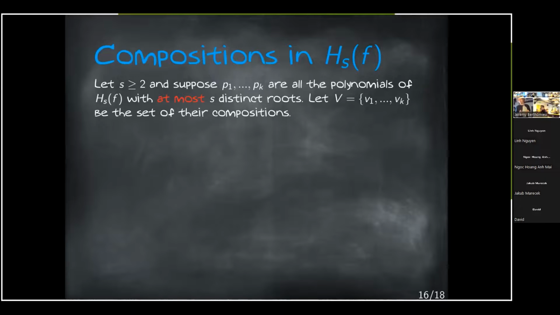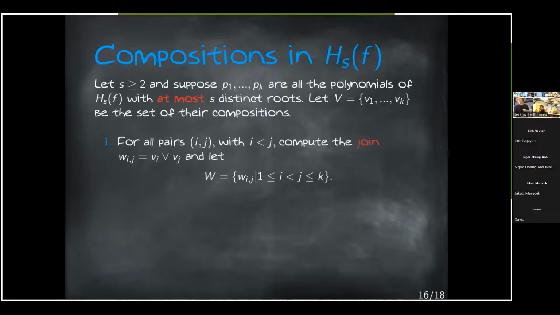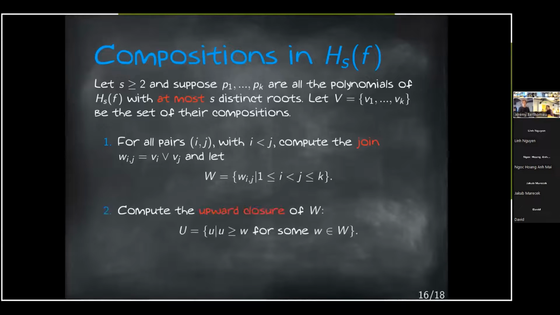Then the first step is, for all pairs of compositions V1 to Vk, you compute a join. This was the minimal composition which is greater than both of them. You do that computation for all pairs of vertices and you put them in a set, W. And then the next step is just to close up this set.